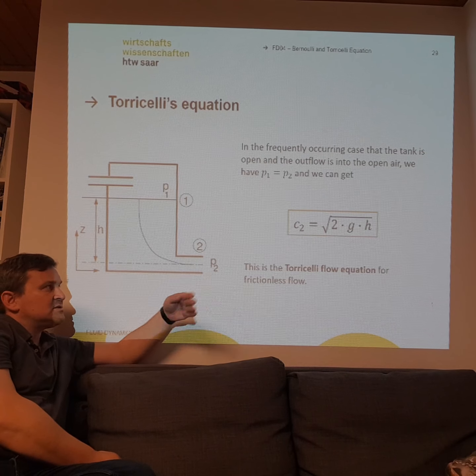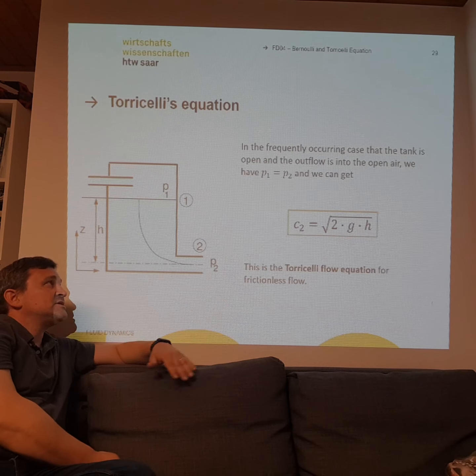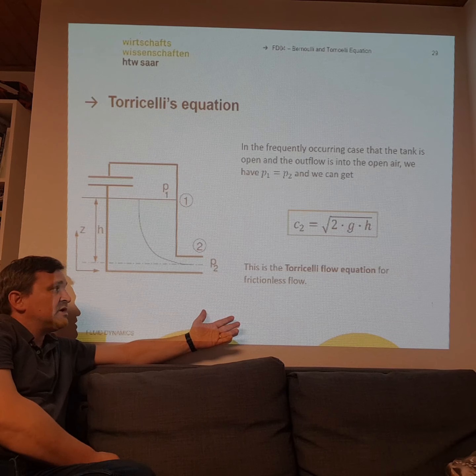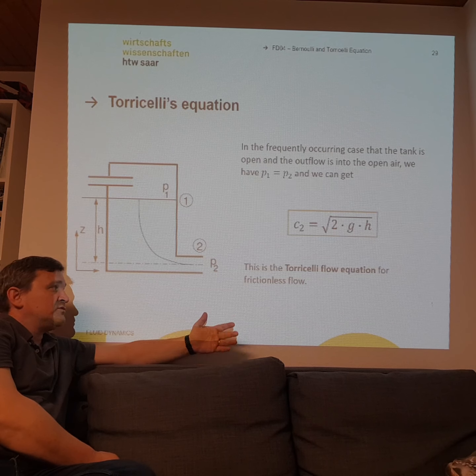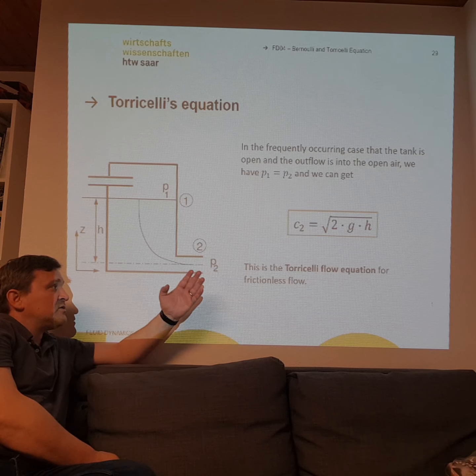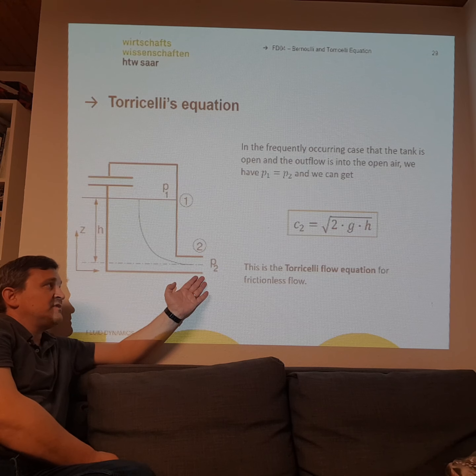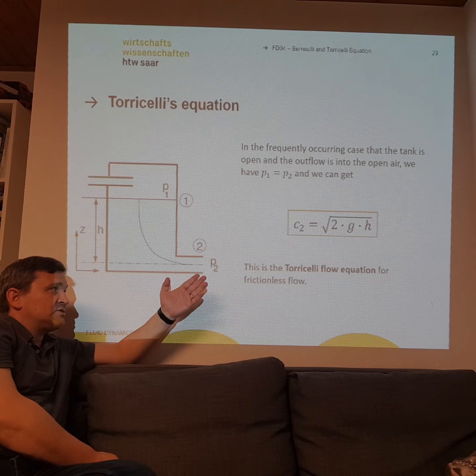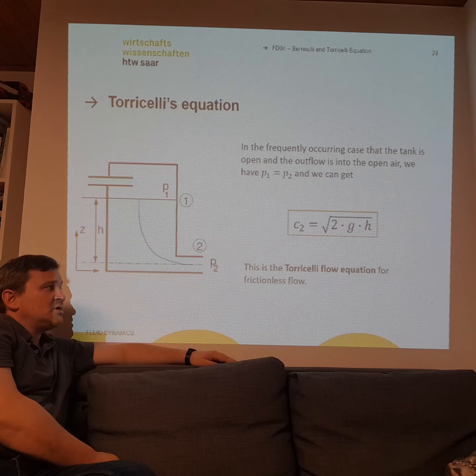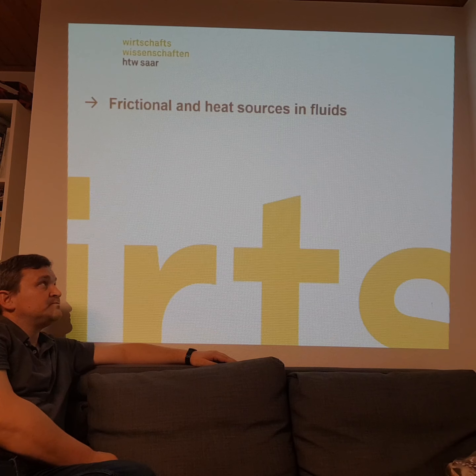Okay, that's the Torricelli equation. It's the simplest formulation for a fluid flow problem. We can also solve this problem with the Bernoulli equation, but if we want a simpler equation, we can take Torricelli's flow equation.